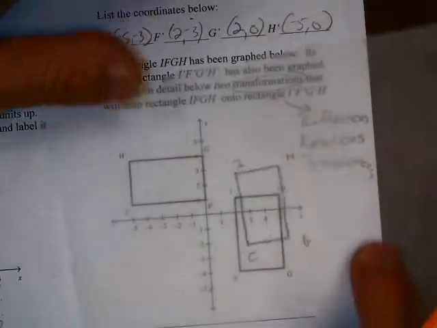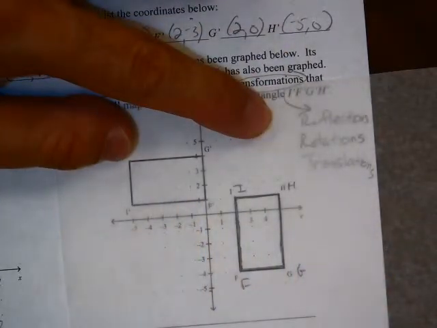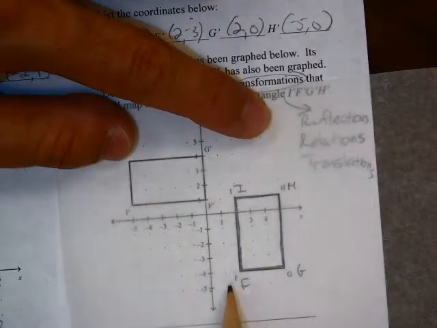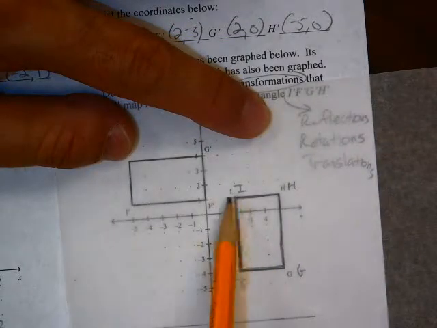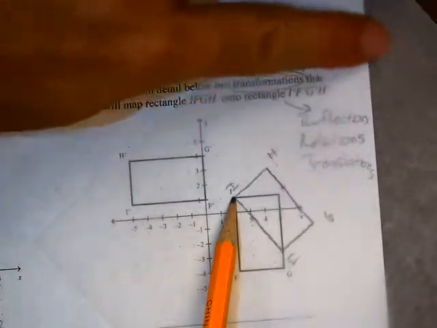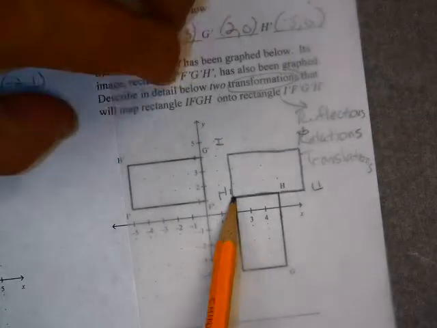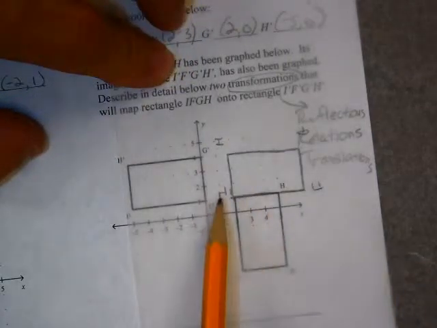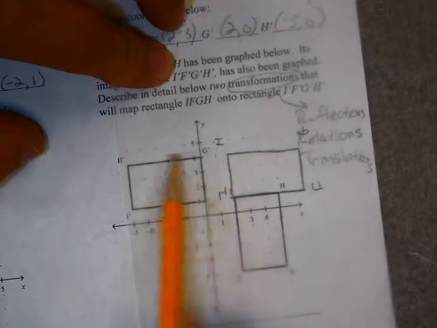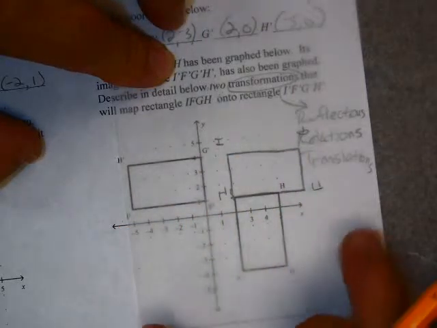Now there's lots of correct answers here, lots of ways we could go from this rectangle to the next one. Now the first thing I showed was rotations. What I'm going to do is rotate, and let's say I choose I. I'm going to rotate around I. So I've rotated around I. Now I've got the I's, the H's, the G's, and the F's in the right position.